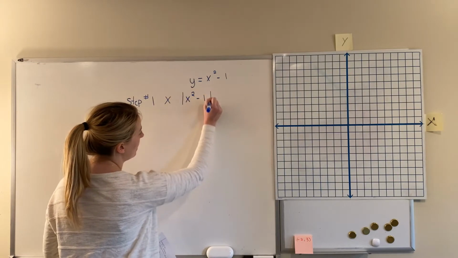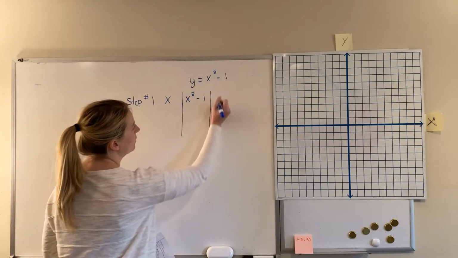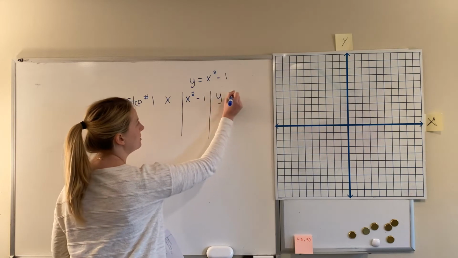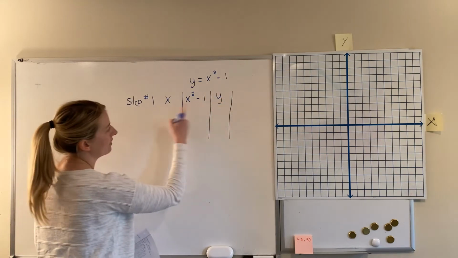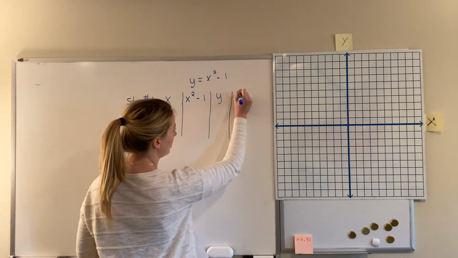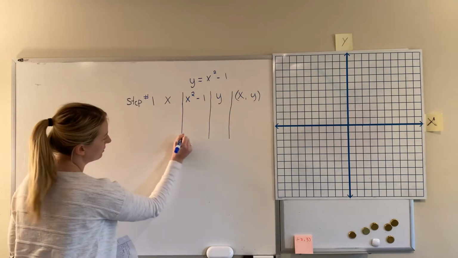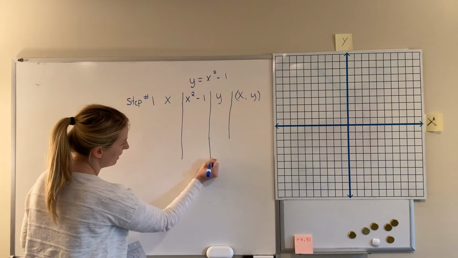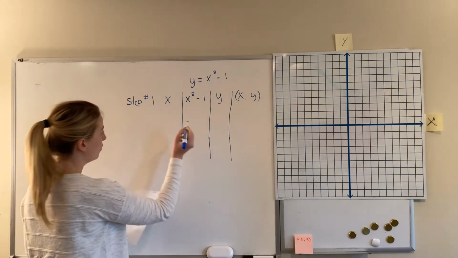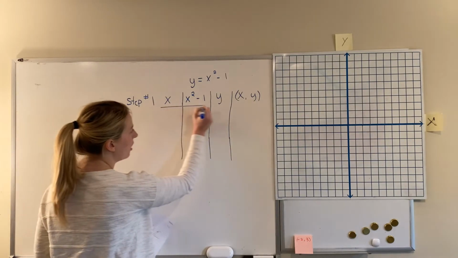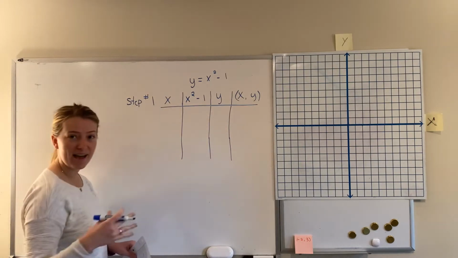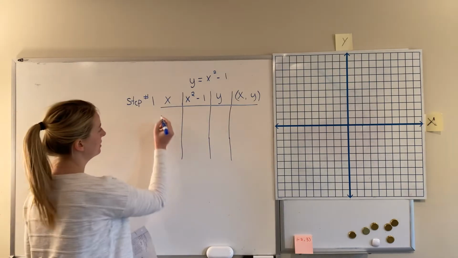After we do that, we're going to have our y value, and then we'll have our x and our y values, which are our ordered pair. So step 1, we're just creating our table of values. With these problems, we are always going to have 5 values that we plug in.